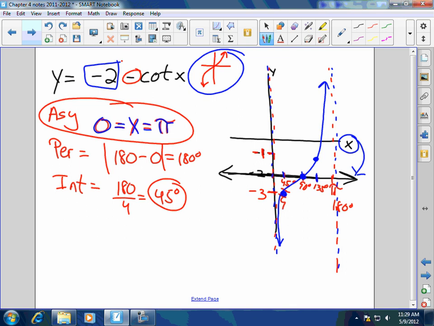I'm dealing with a negative cotangent. Negative cotangent acts like a positive tangent, goes up from left to right. So, my first interval, guide point. Second interval, baseline. Third interval, guide point, blammo. Done. Does that make sense, gentlemen?